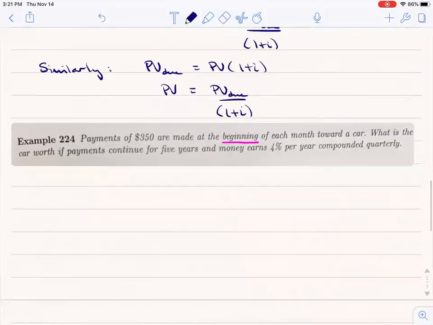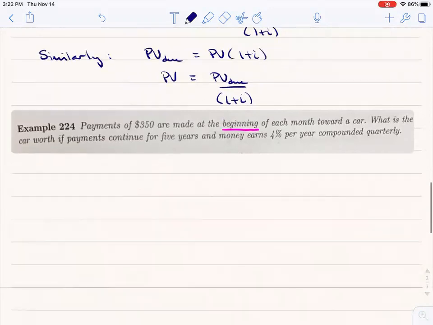So now, if payments are made at the beginning of each month, you've got an annuity due. What is the car worth if payments continue for 5 years and money earns 4% per year compounded quarterly? So I'm going to use the same steps that I used before, right, where I highlight what the compounding frequency is and what the payment frequency is.